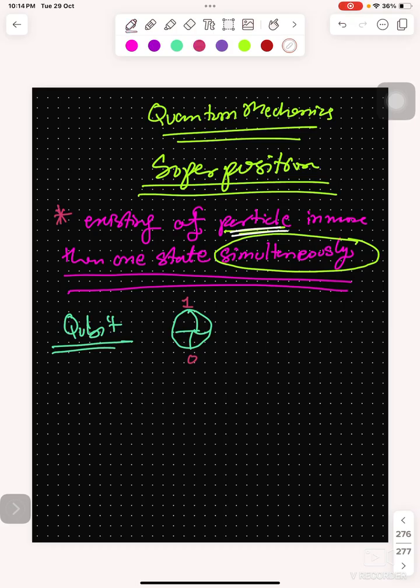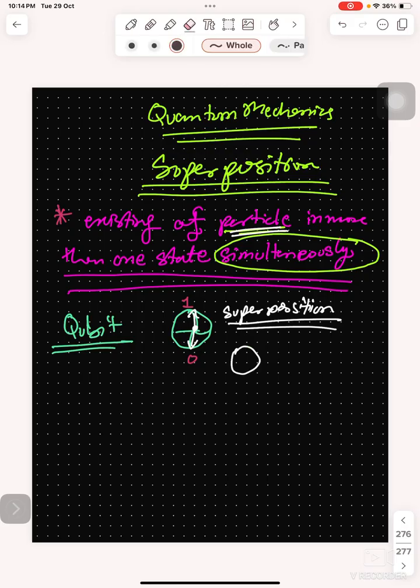So if it's here or here, either one, it's not in superposition. But if it's in both, let's suppose it's here, or wherever we want, that is superposition.